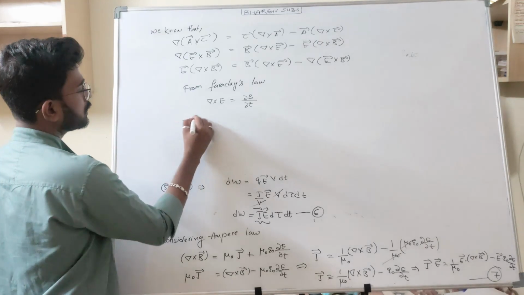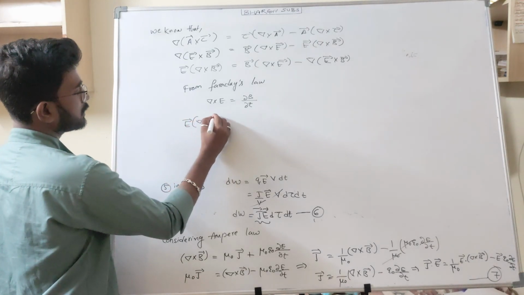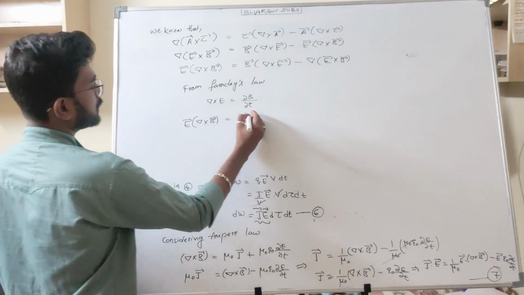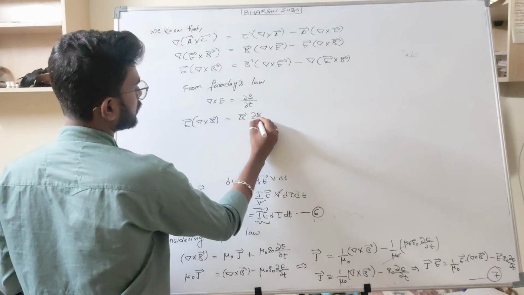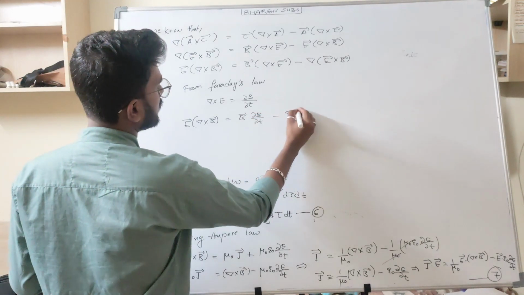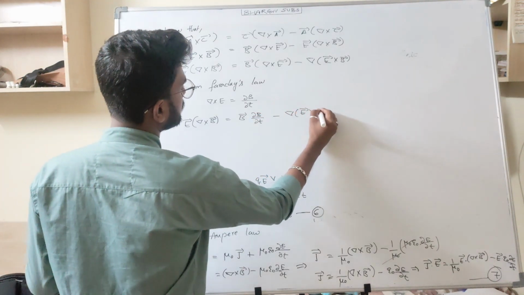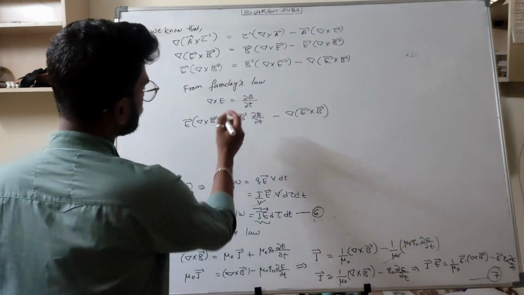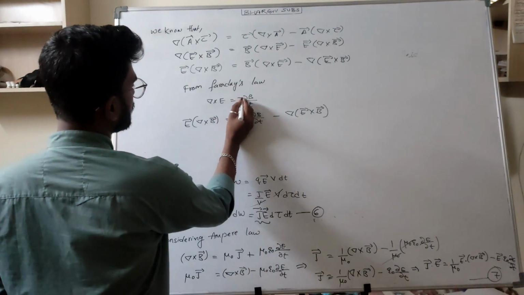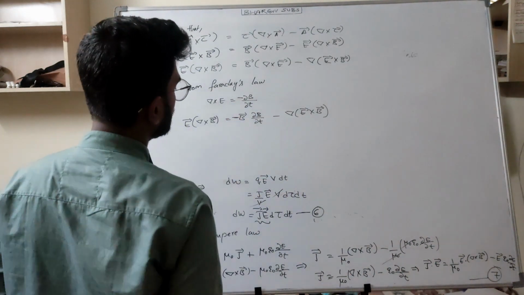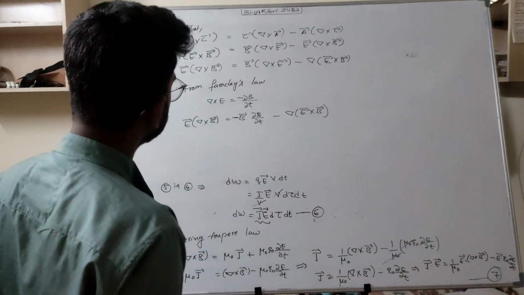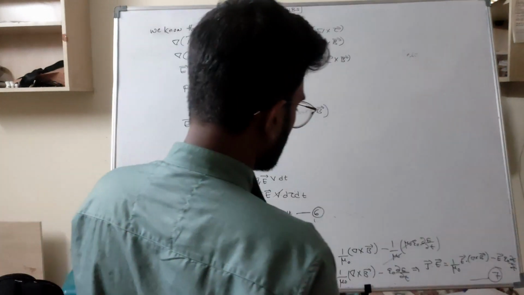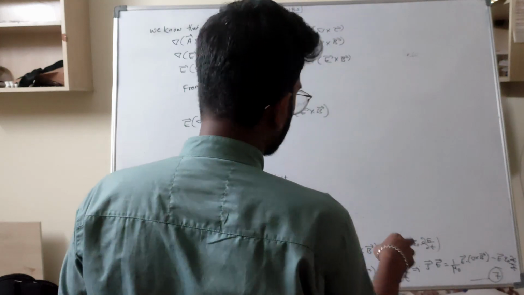E bar of del cross B is equal to minus B bar dB by dt minus del of E bar cross B bar. This was minus, so minus and minus, and again, yeah, I got the value of E bar dot del cross B.